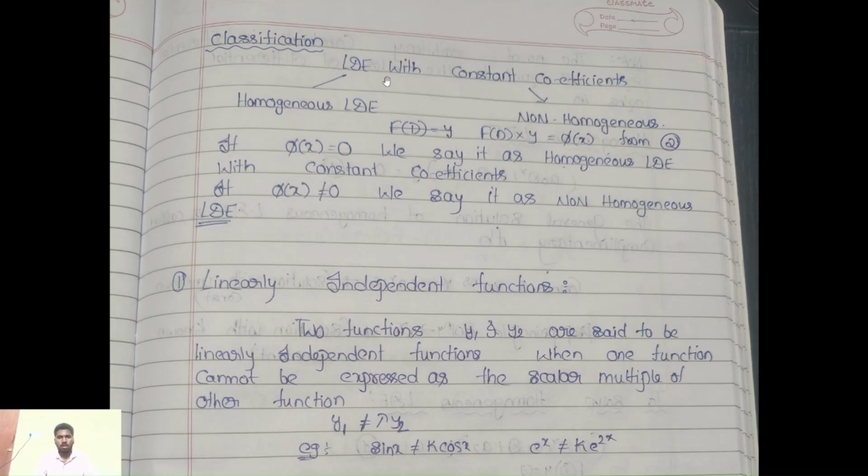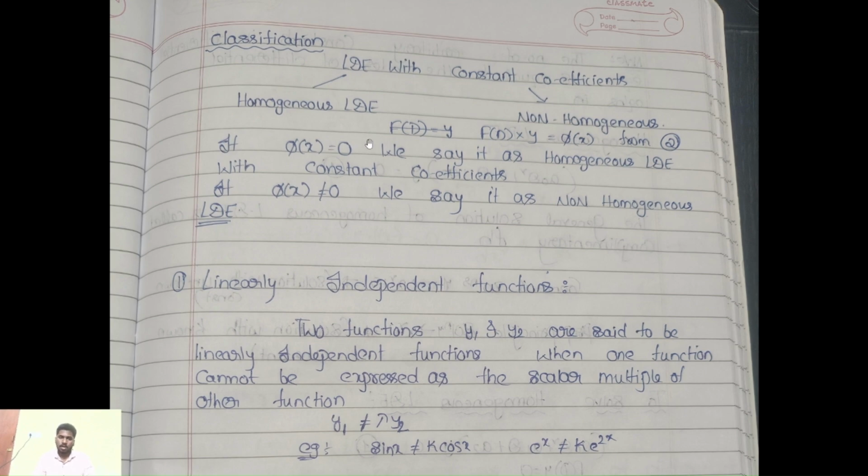Now, LDE with constant coefficients is again classified into two types: homogeneous linear differential equation and non-homogeneous linear differential equation. In the previous case, the second order linear differential equation, we got f(D) y = phi(x).